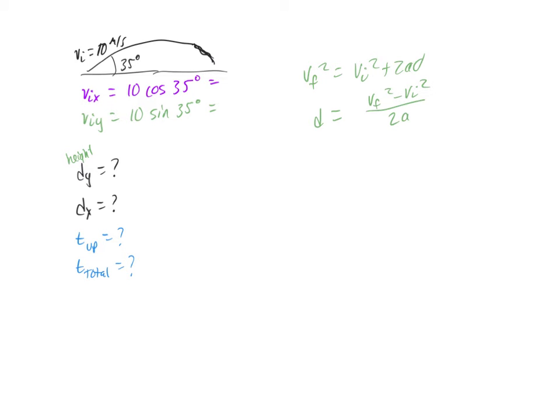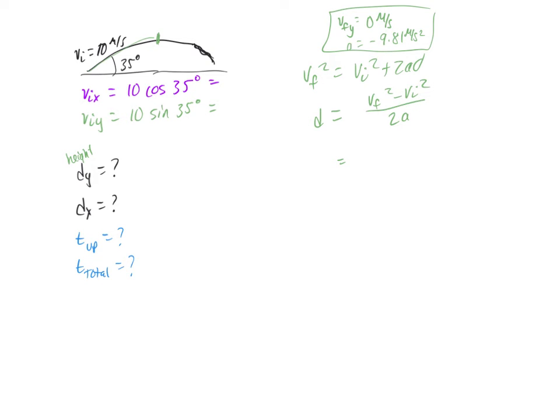Now, when I do this calculation, I have to bear in mind here that my final velocity, this is talking the y direction, is always 0 meters per second on the way up. Remember when it reaches that apex. And then my acceleration due to gravity is going to be negative 9.81 meters per second squared. I need to remember those things as I put them into the formula, okay?